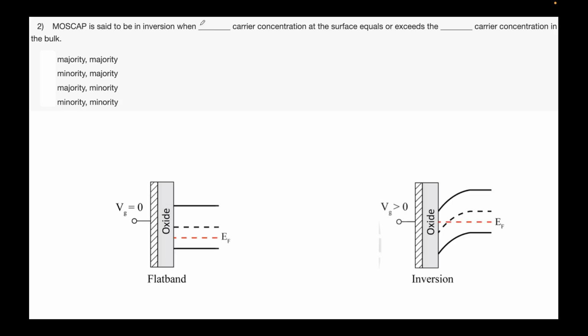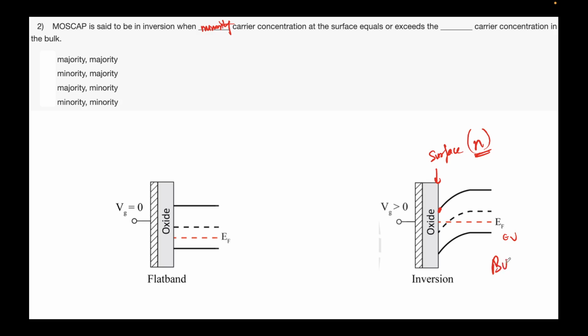A MOSCAP is said to be in inversion when? We have seen that it's said to be in inversion when the minority concentration at the surface, just look at the concentration of electrons here, the minority concentration, because this is a p-type material in the bulk, so minority will be n-type and majority will be p-type.